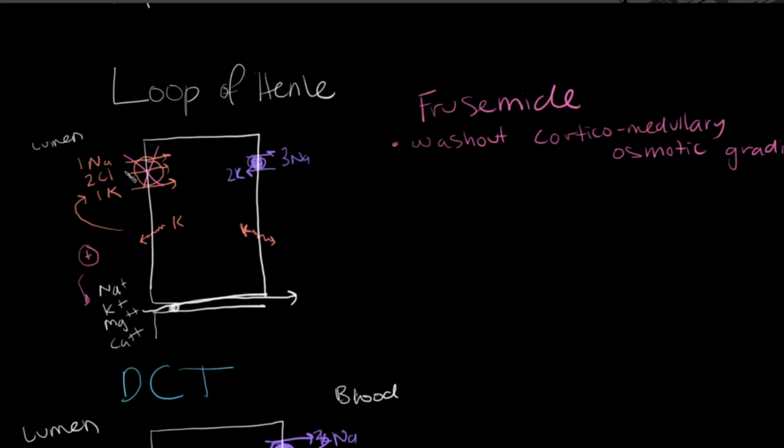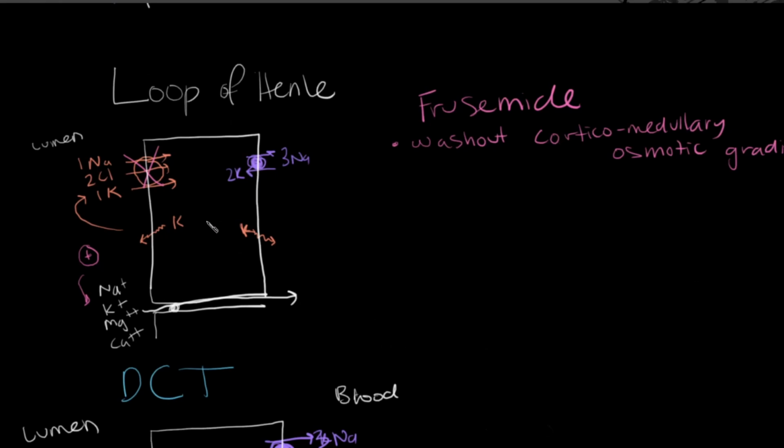And so when frusemide washes out this gradient, we no longer get that absorption of water in the descending loop. Therefore, our diuretic effect is to prevent water absorption via the blocking of this triple co-transporter.